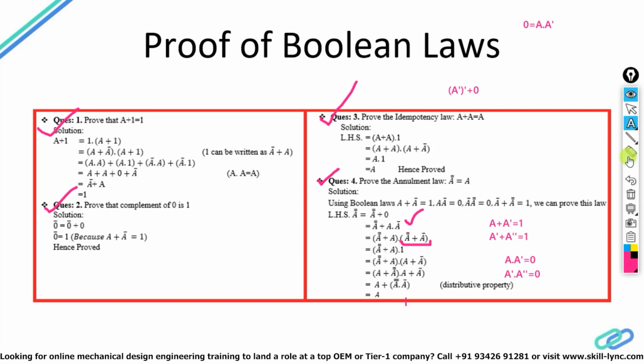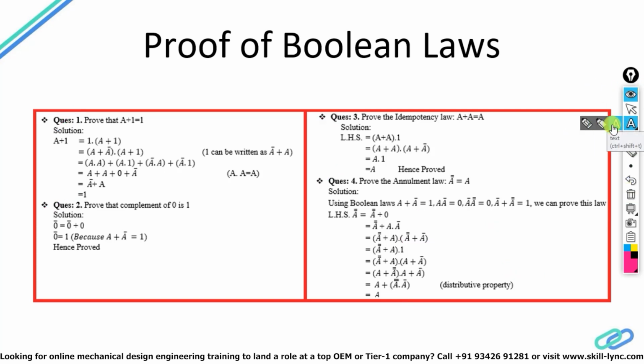So, the main laws or main properties that you have used in these Boolean algebraic laws, I am just summarizing here. 1 plus A or A plus 1 is equal to 1.